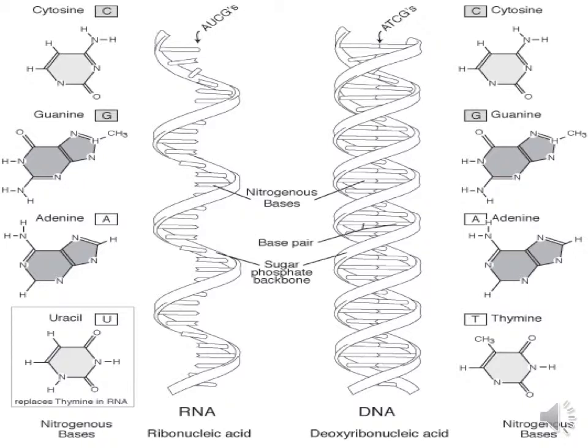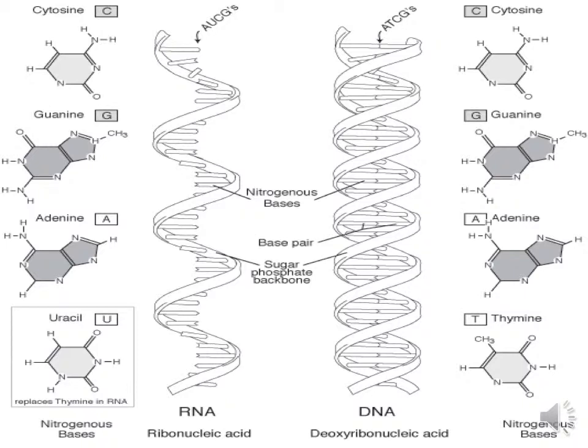There are 4 different bases in DNA: cytosine, guanine, adenine, and thymine. Adenine will only bond to thymine, and cytosine will only bond to guanine. The nucleotides are bound to each other through a hydrogen bond.